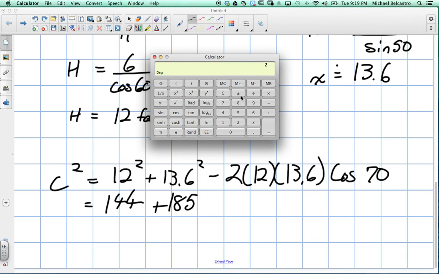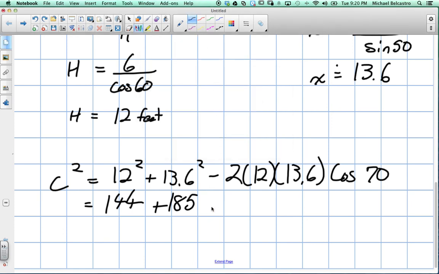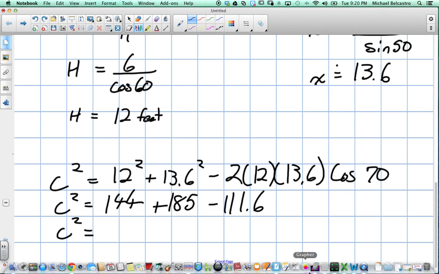So think of it like negative 2 times 12 times 13.6 times cos 70. So I hit equals here, it gives me negative 111.6. We'll combine all of that, and remember that c squared is equal to everything here.